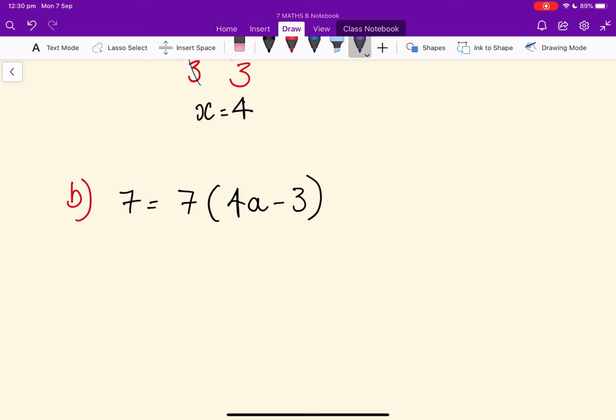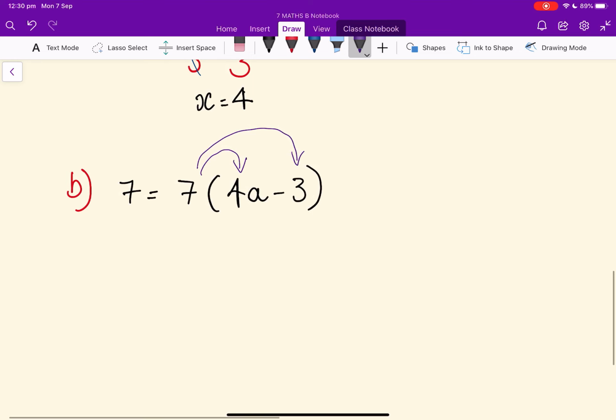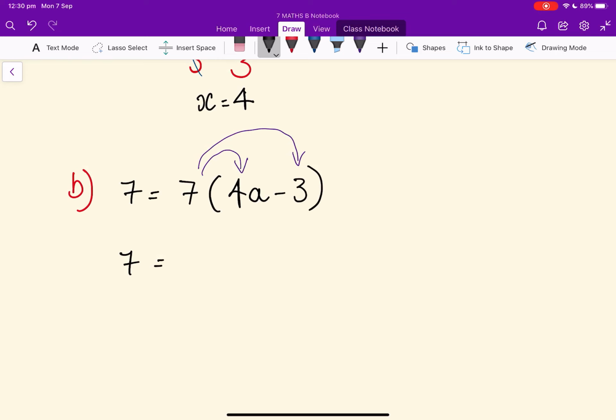Okay, so I need to multiply 7 by 4a and 7 by 3. So 7 equals 7 multiplied by 4 gives you 28. It's going to be 28a. Take away 7 multiplied by 3 is 21.